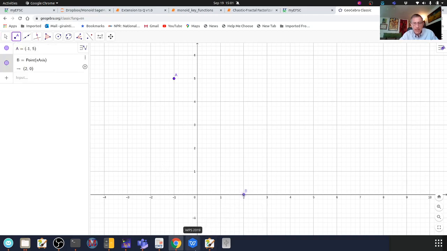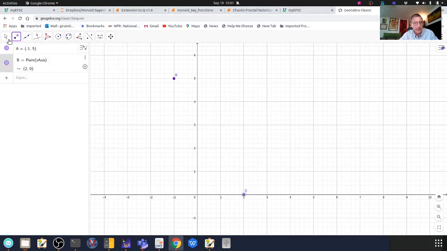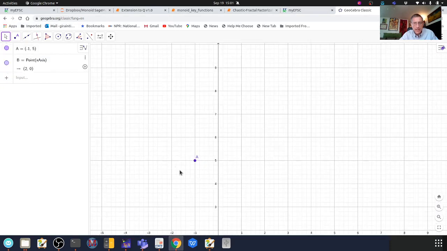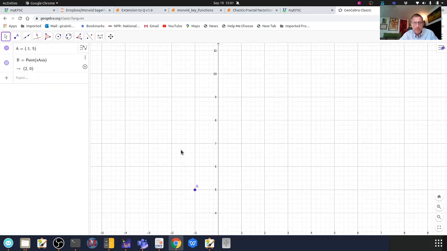But what happens if instead of considering -5 and 3, I considered 5 and -3? So let's go back over here. Again, I start with my point, -1 and 5. This time, I have the negative in the denominator. So the 5 is positive. So I'm going to go up 5.